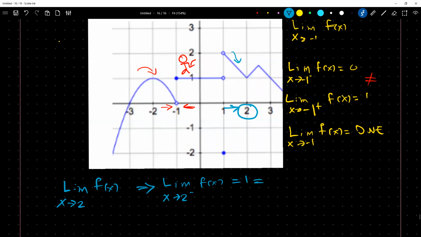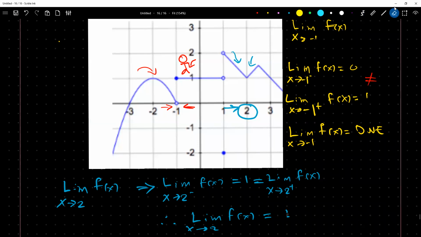The same is true for the right-hand side, so the limit as x goes to 2 from the right for f of x is also 1. And so the limit as x goes to 2 for f of x is equal to, I'm sorry, 1, not 2.